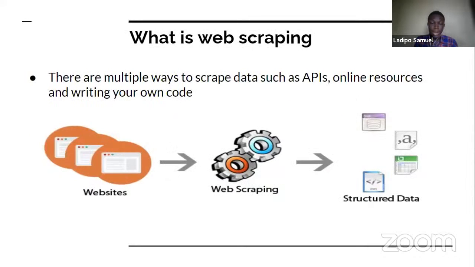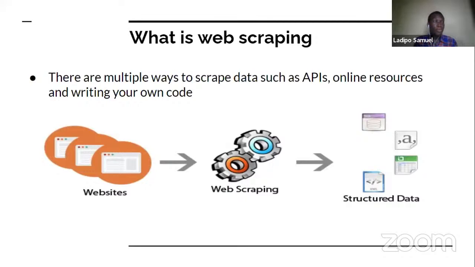There are actually many ways, or more than one way, to get data from a website. We can use online resources, but most online resources are actually paid for. There are some Google Chrome extensions that you can use to get your data from the website. We can use APIs.